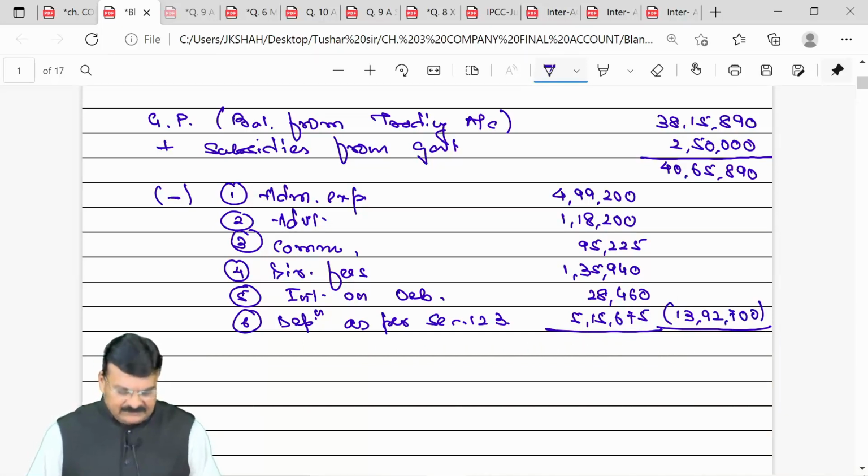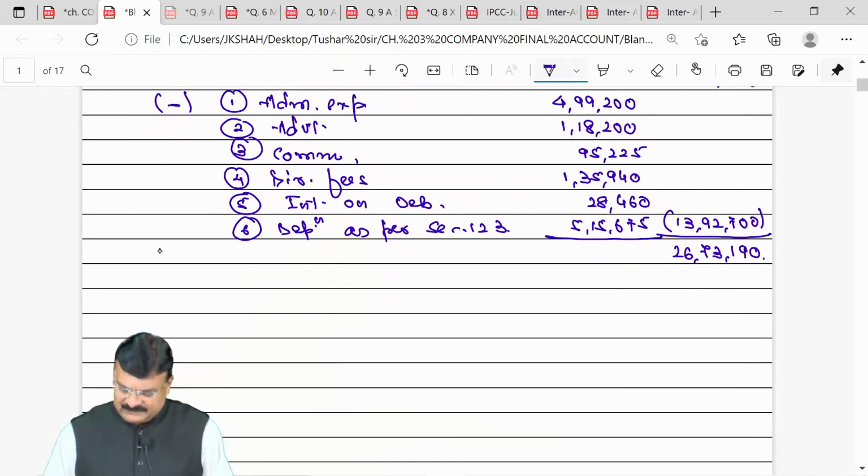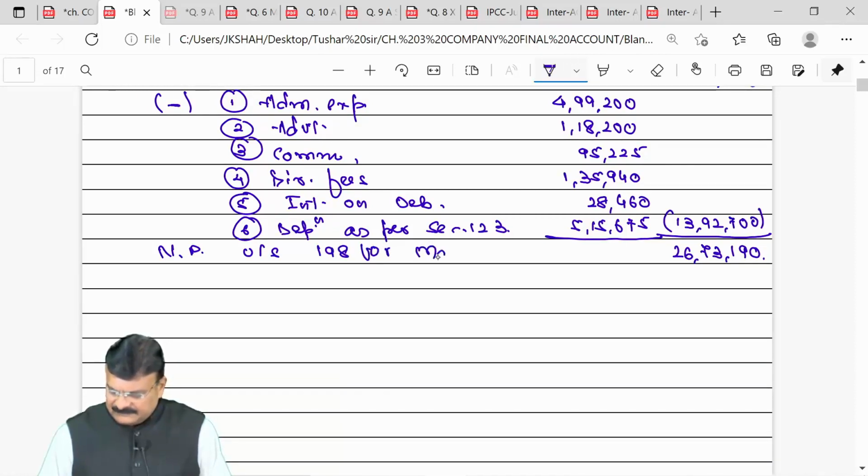And when I subtract it, it is 2673190. This is your net profit for managerial remuneration purpose. Net profit under section 198 for managerial remuneration.